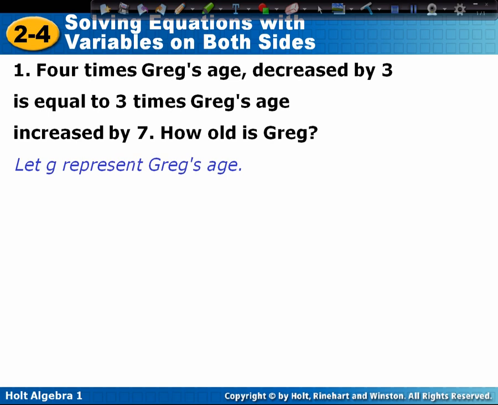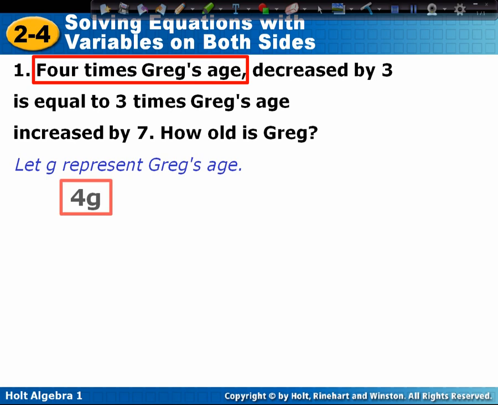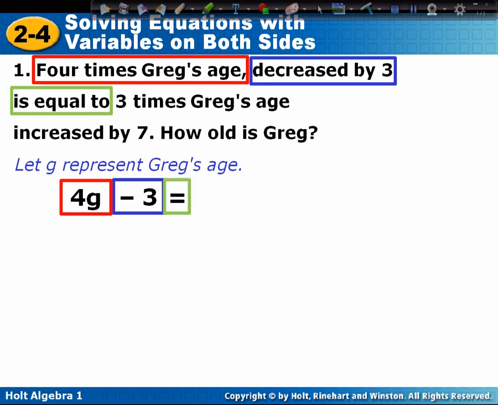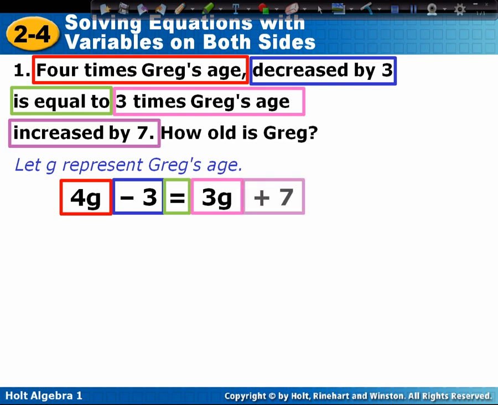So we're going to actually have to solve for G. We're going to use G to represent Greg's age here. 4 times Greg's age we're going to show by saying 4G, decreased by 3 means minus 3, is equal to, there's our equal sign, 3 times Greg's age, so that would be 3G, increased by 7, we're adding 7.